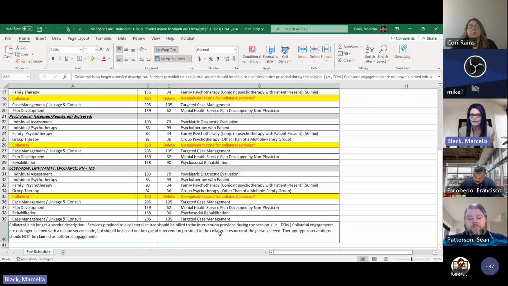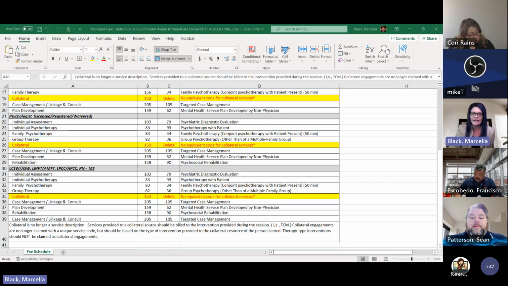Just as of yesterday, as a matter of fact, we've been developing some more guidance for the entire system of care, both internally and externally, because not having a collateral code, and rolling it up into the type of intervention that is most closely associated with your collateral contact, is a new concept for everyone that we are still working on providing additional detail. So you can see here that there is no code any longer. There's no CPT or HCPCS code for collateral specifically.